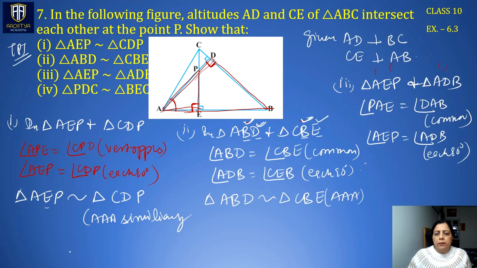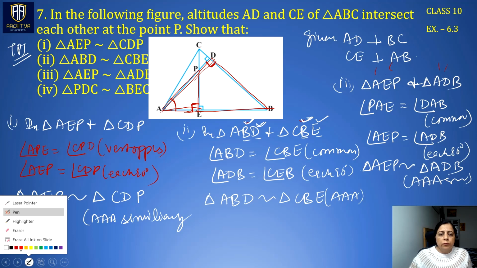Therefore, these triangles are similar. Triangle AEP is similar to triangle ADB. Check for this. A is corresponding to A, E is equal to D, ADB. This is also AAA similarity, right? So we have proved three parts.